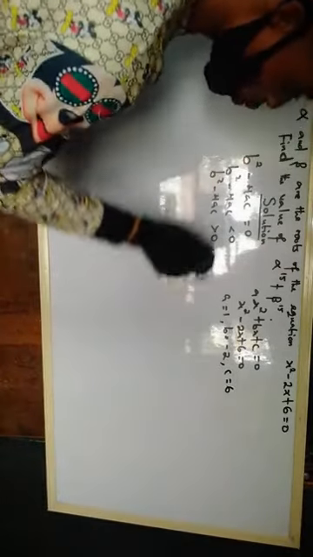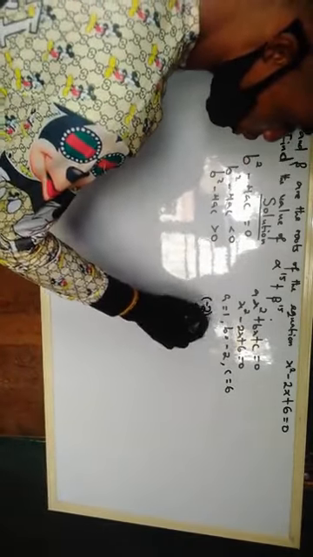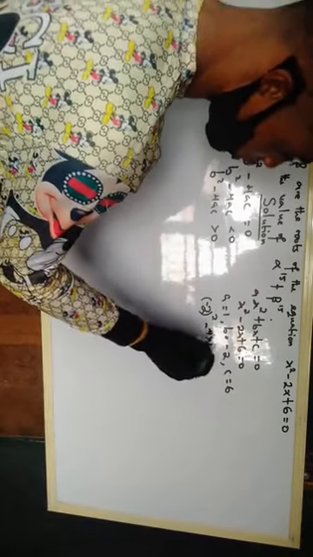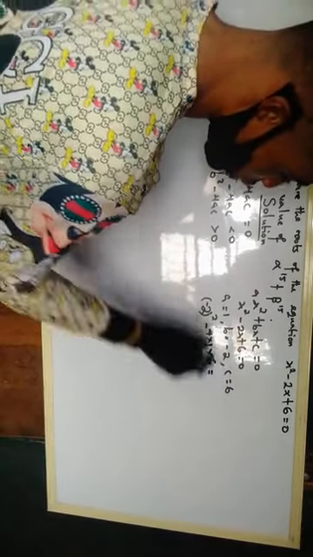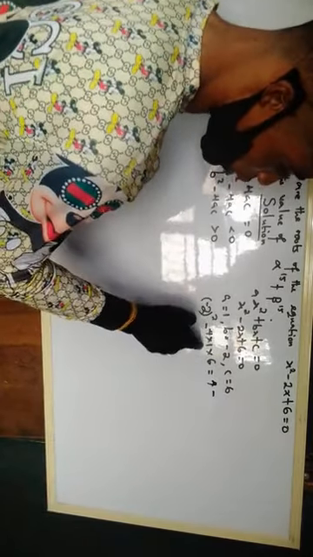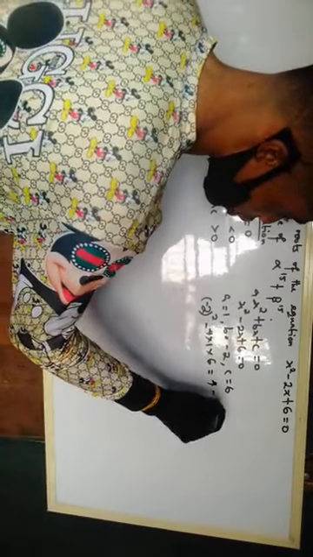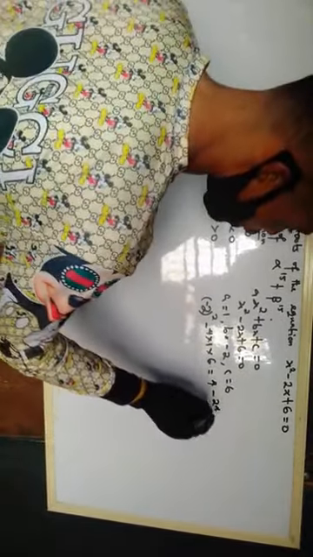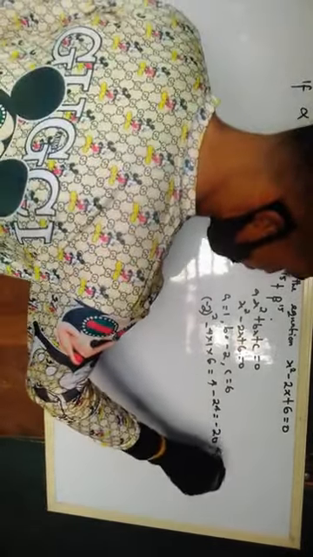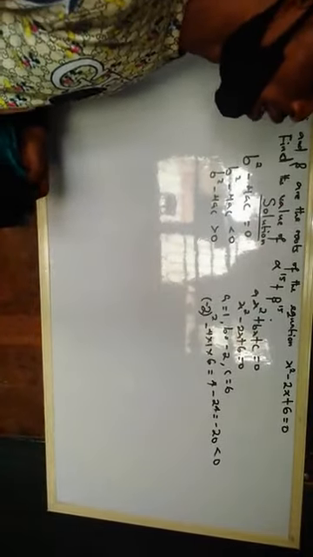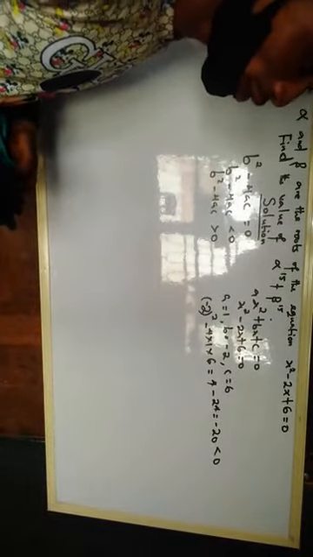So b squared is negative 2 squared, which is 4, minus 4 times a, 1, times c, 6, that is 24. So 4 minus 24 is going to give us negative 20, and this is obviously less than 0. Therefore, the roots of this equation are going to be complex.